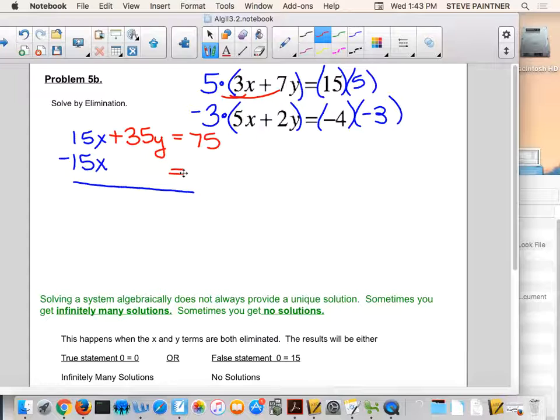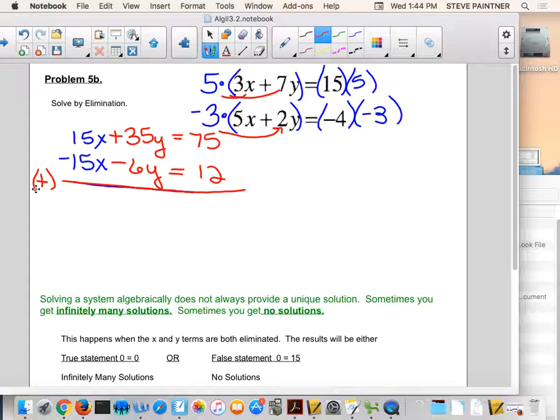Negative 3 times 5x, minus 15x. Negative 3 times 2y, minus 6y, and negative 3 times negative 4 is 12. Okay. Do you have opposites? Yes. 15x, negative 15x. Add down.